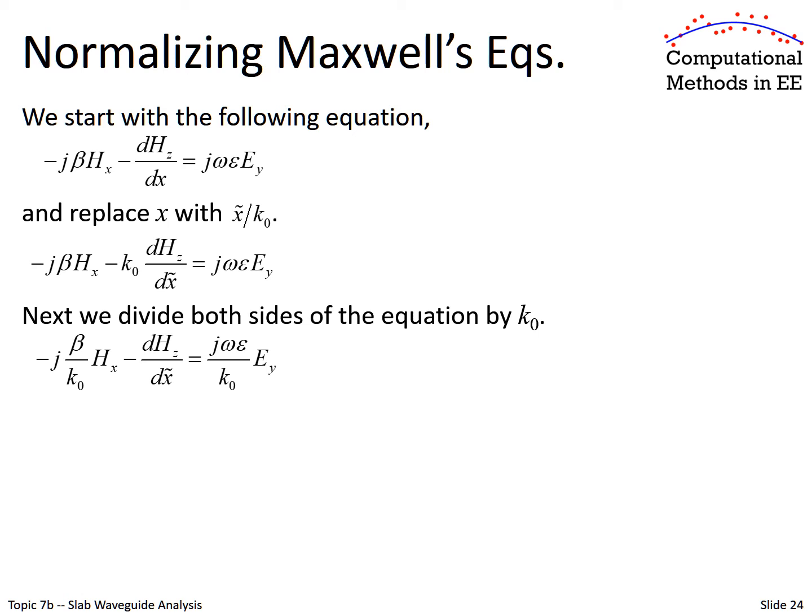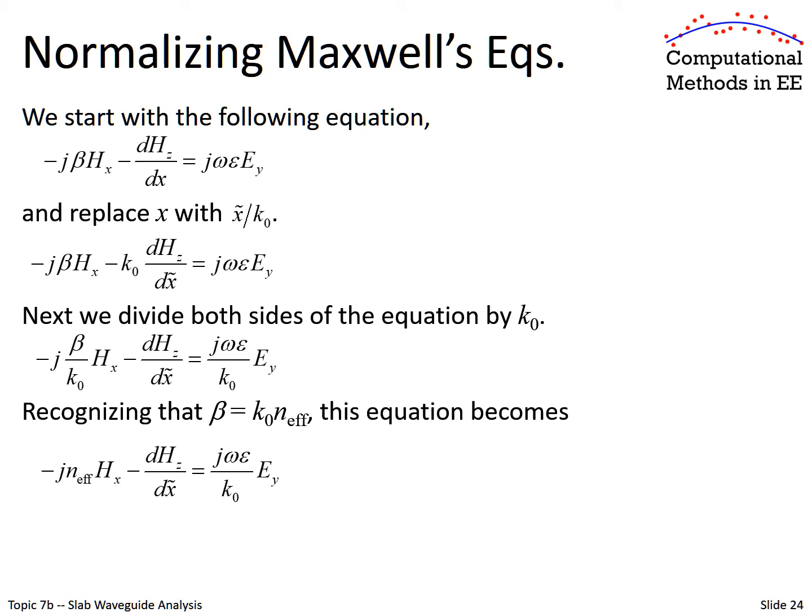Now what we want to do is divide both sides of this equation by k naught. So that means we have our derivative back again. We have a beta over k naught, and then we also have our epsilon over k naught. Looks like we've complicated things, but let's keep going because it will simplify down as I promised.